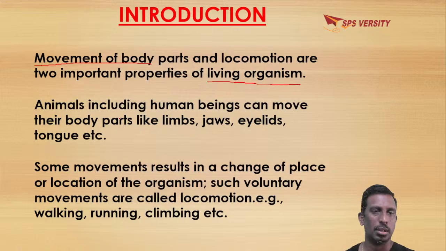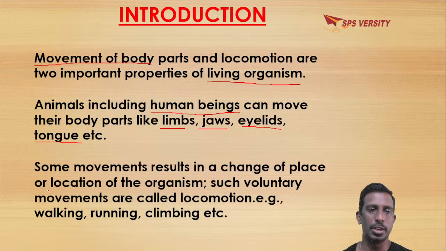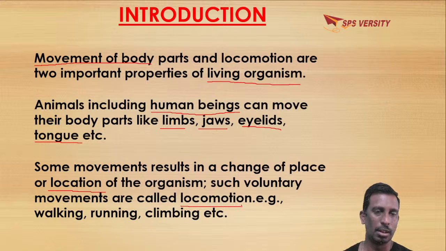If we take specifically animals, including human beings, they can move their body parts, limbs, jaws, eyelids, tongue, etc. So in this movement of body parts, which results in change of location or place of an organism, such voluntary movement is called locomotion, like walking, running, climbing.